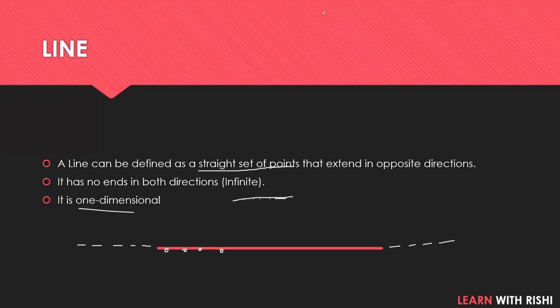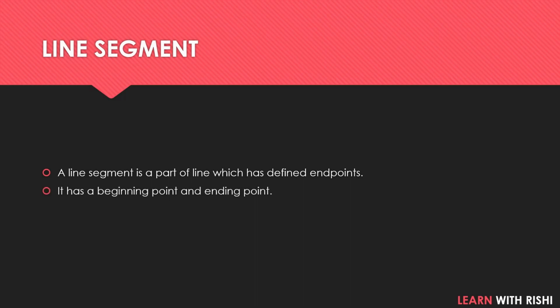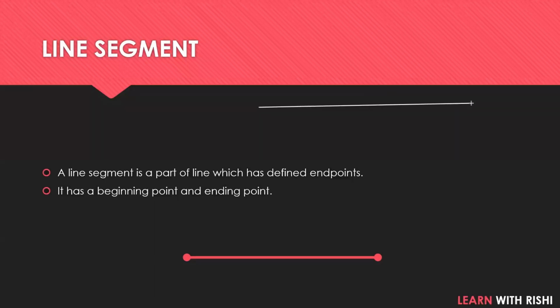Now we will move to the next subtopic, that is line segment. A line segment is a part of a line which has defined endpoints. It has a beginning point and an ending point. Now I am drawing a line here.